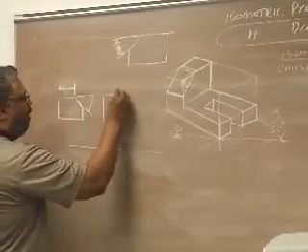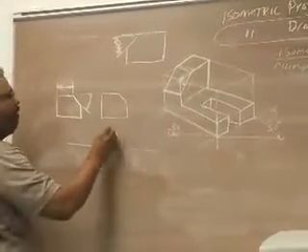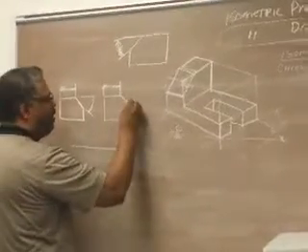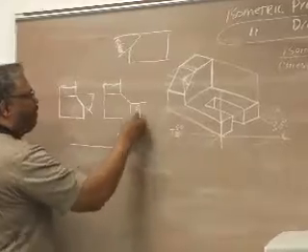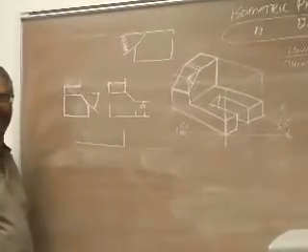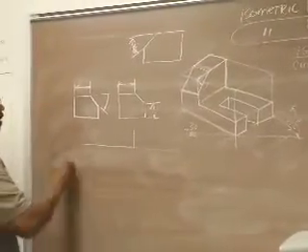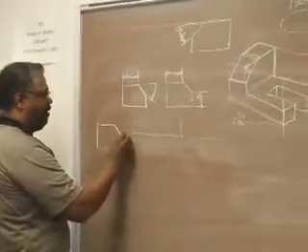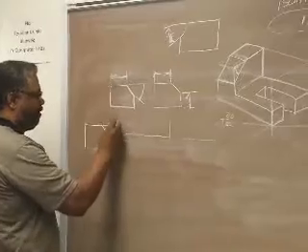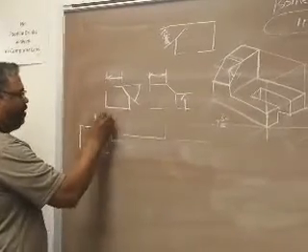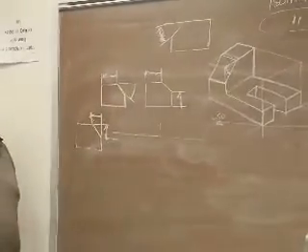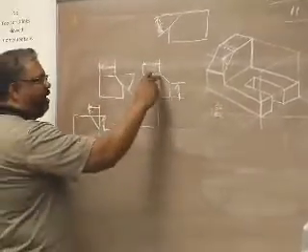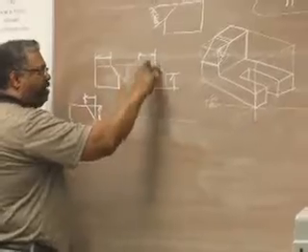Or I can give you this distance here and this distance here, and that will control that angle. Or I can give you this vertical distance and this horizontal distance, and that will control that angle as well. So orthographically, I can control this angle this way, or this way.